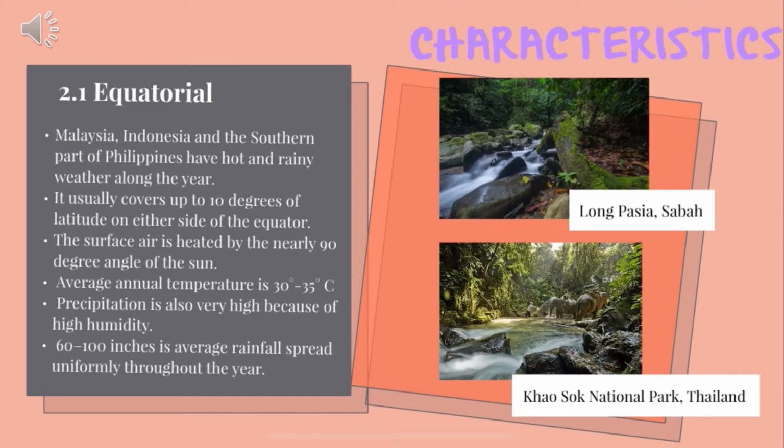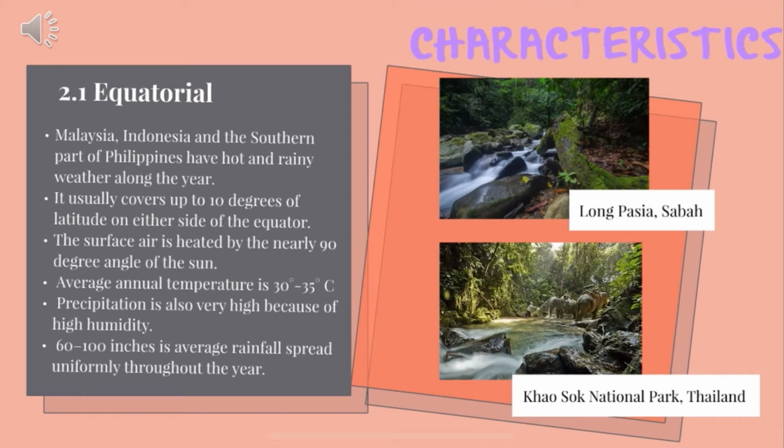Average annual temperature is 30 to 35 degrees Celsius. Precipitation is also very high because of high humidity. Lastly, 60 to 100 inches is the average rainfall, spread uniformly throughout the year.